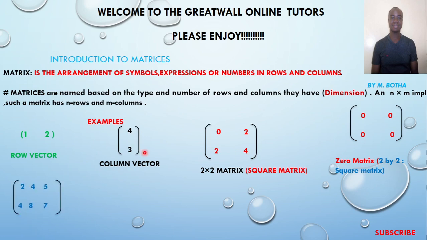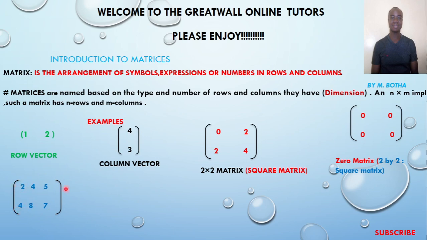Good. Now let's go to the next one. We have this matrix here. It has 2 rows, right? We have the first row, this one, 2 4 5, and the second one 4 8 7. Now how many columns does it have? So we have 2, 4, 4, 8, and 4, 7. So we have 1, 2, and 3.